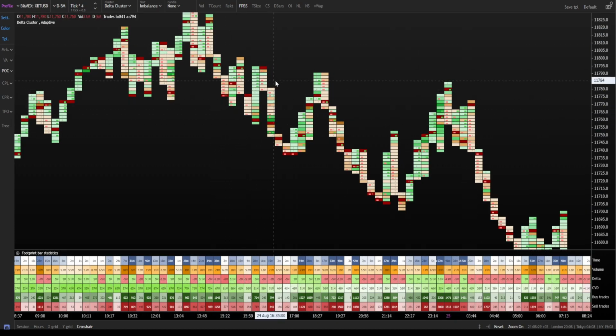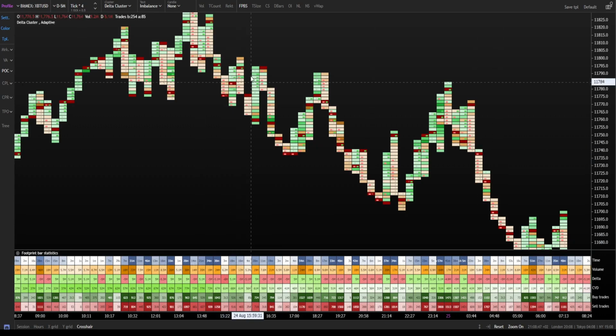So that's why it can take a little bit longer than, let's say, a volume chart to form, but it also makes a delta chart just cleaner.